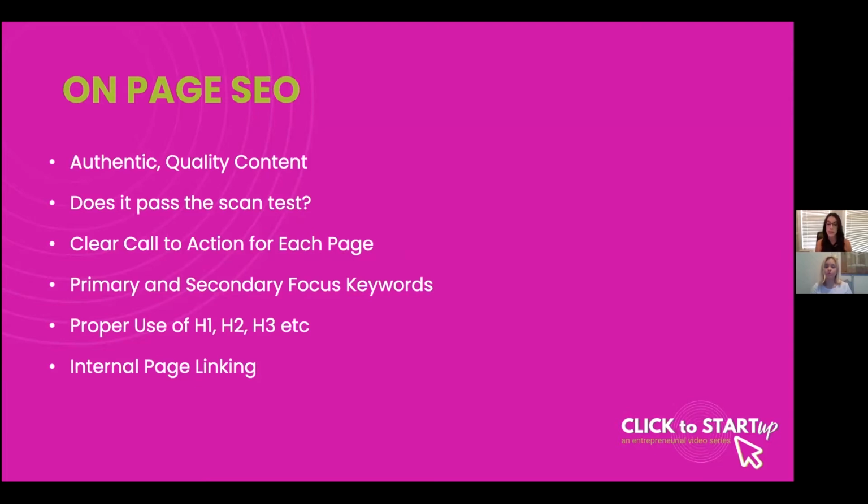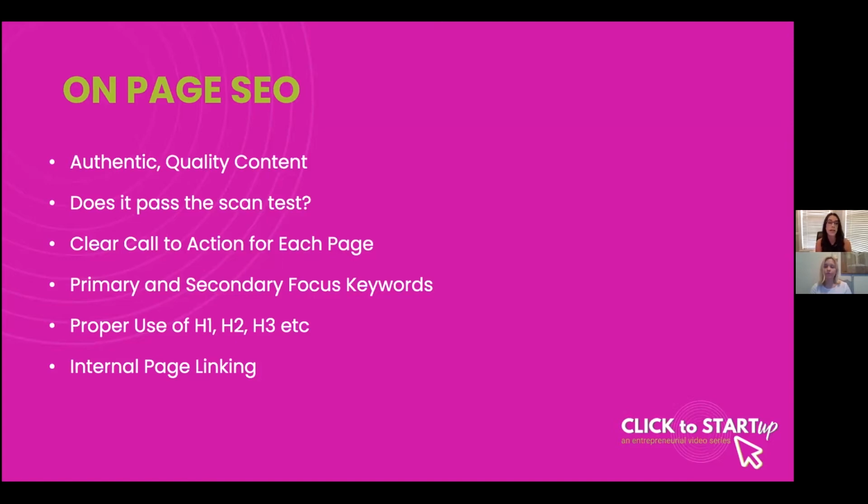Next, we want to focus on the actual keywords on the page. Each page on your website should have no more than one primary keyword. You can have multiple secondary keywords, but each page on your site should be ranking for at most one focus keyword, or at least a topic.